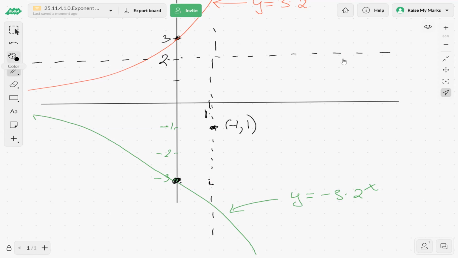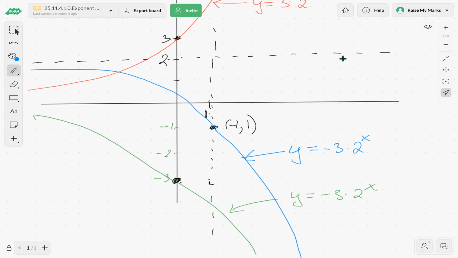Now this green curve has been translated and becomes this blue curve. Y equals negative 3 times 2 to the power x minus 1, and then plus 2.